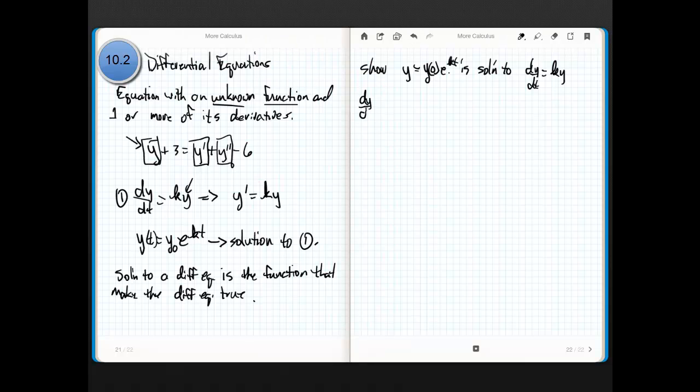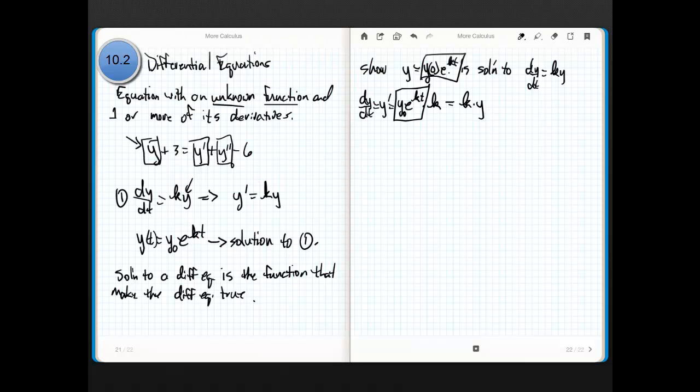Well, dy over dt is just y prime, which is equal to y naught e to the kt times k. Do you agree with that? Yeah? Well, look close. Y naught e to the kt is just y. So this is equal to k times y, or y times k.